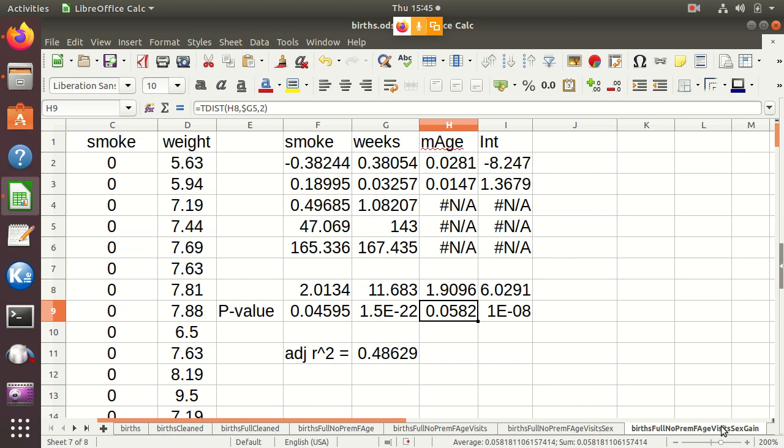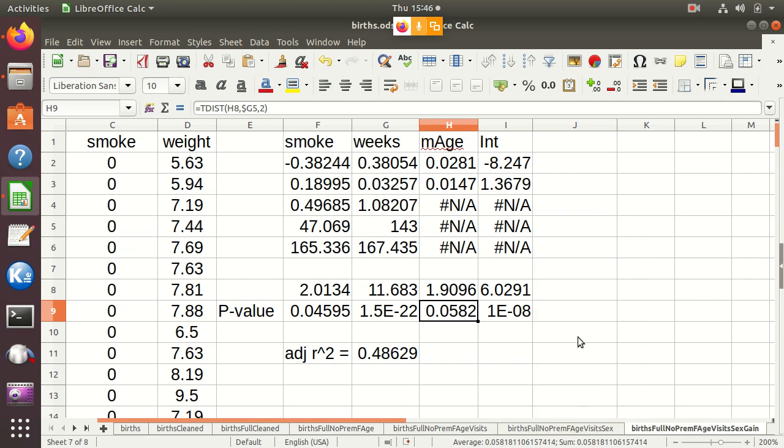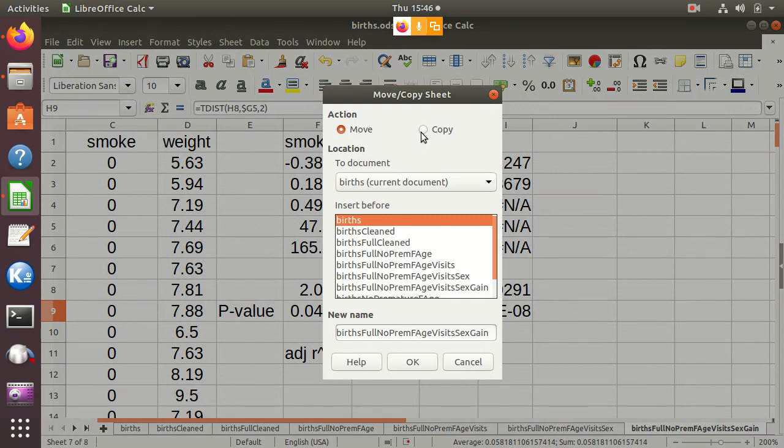Right-click on the current sheet I'm on, and I say, okay, I want to copy or move the sheet. I'm going to choose copy. I am going to put it down here after all my other stuff. Now I've got a couple other things in here that were from Tuesday and didn't matter. So I'm making a copy. Right now it's got this name.